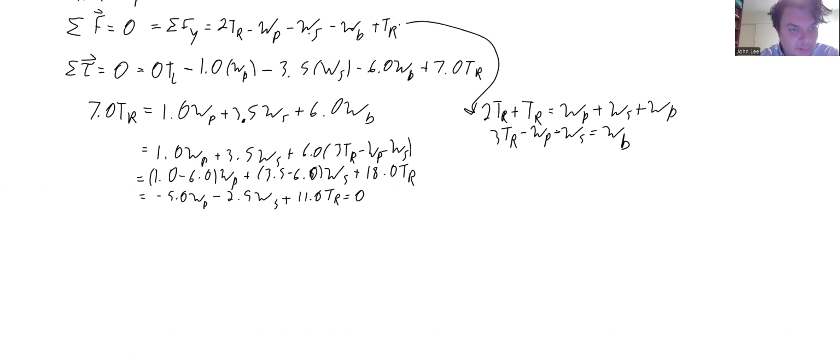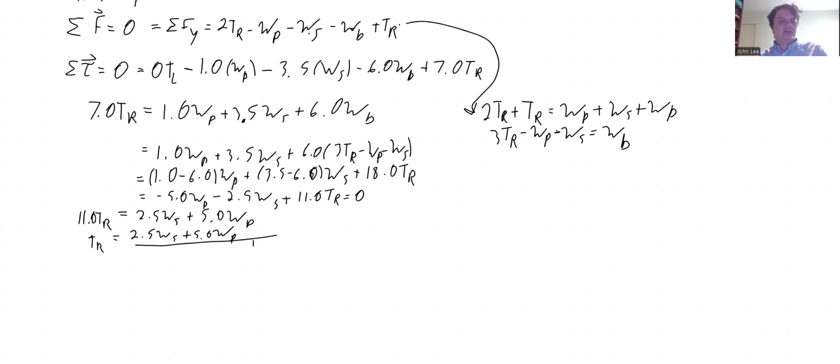Therefore, 11.0 tension to the right is equal to 2.5 times the weight of the scaffold plus 5.0 times the weight of the person. So tension in the right is equal to 2.5 weight of the scaffold plus 5.0 weight of the person divided by 11.0.